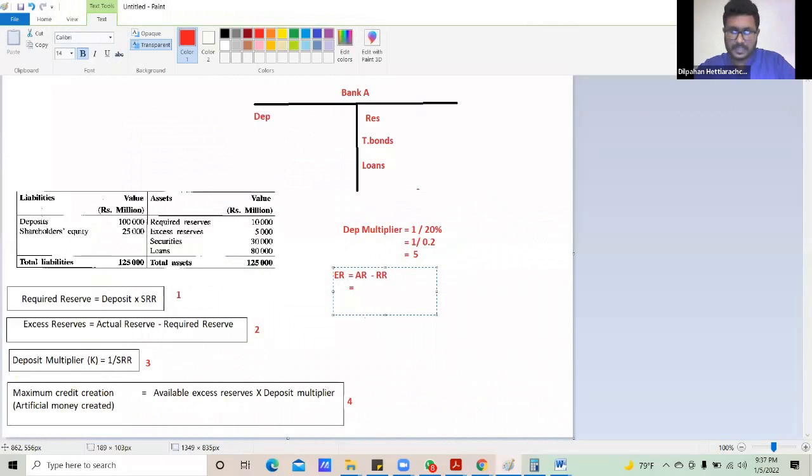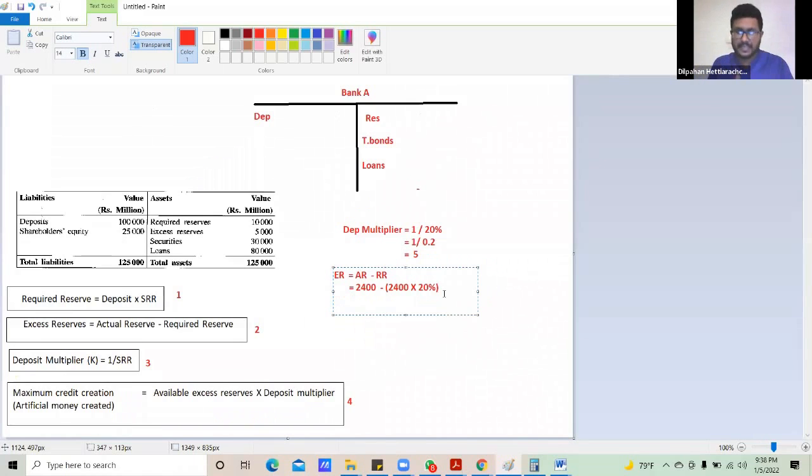This person deposited 2,400, therefore the actual reserve would increase by 2,400. But out of the 2,400, inside the bank we have to keep only 20%, right? So the required reserve will be 2,400 into 20%. Am I clear?